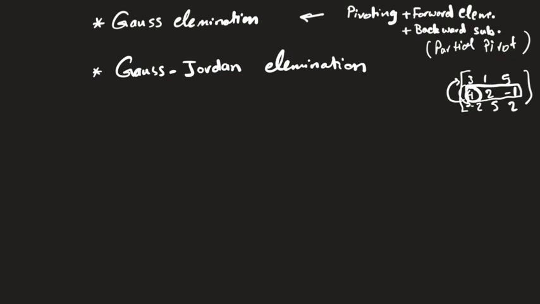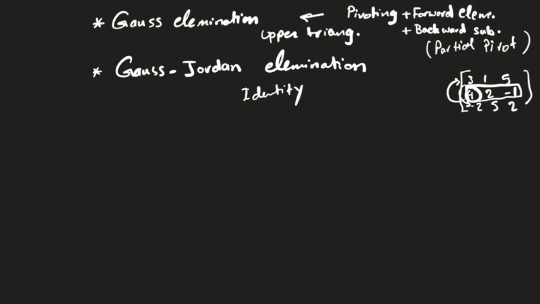Now, a variation of the Gauss elimination is the Gauss-Jordan elimination. In the Gauss elimination, we were trying to reach an upper triangular matrix, right? That's the final objective. In the Gauss-Jordan elimination, you are trying to reach an identity matrix.